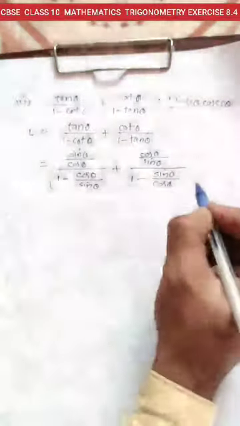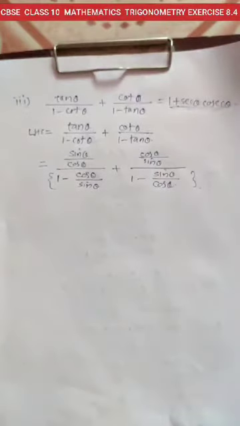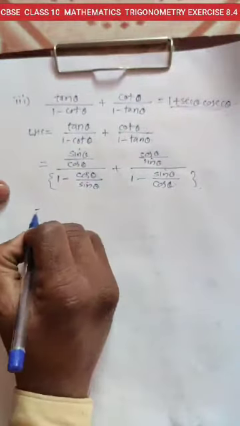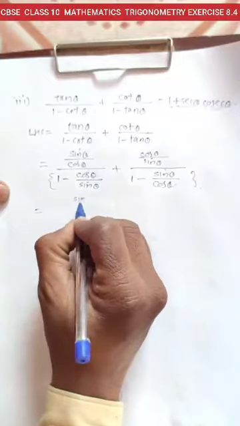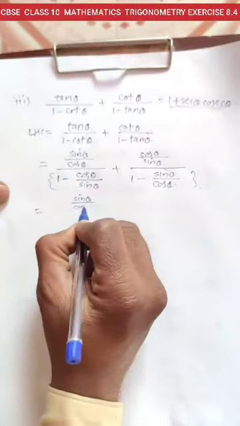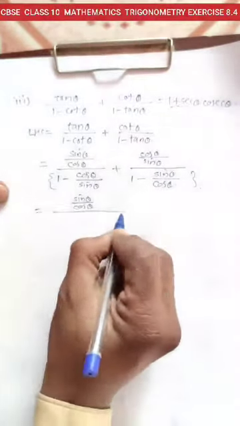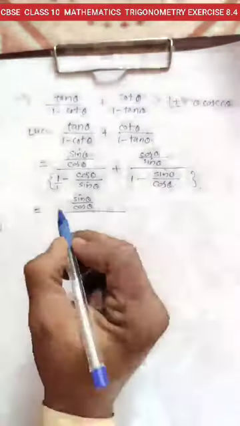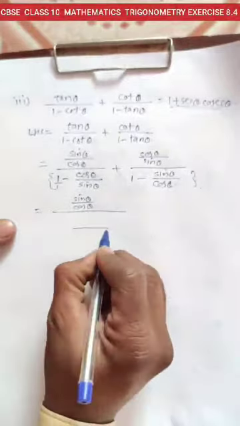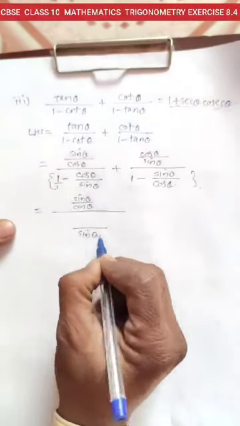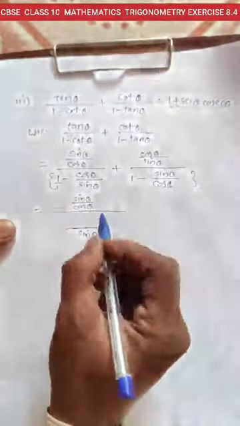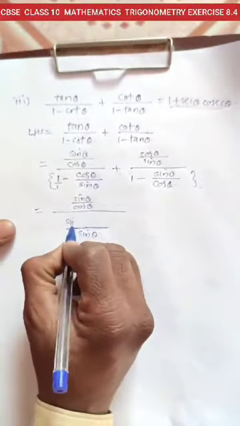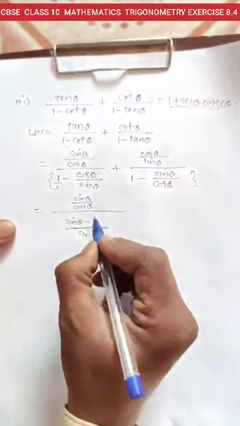So here now simply firstly solve the denominator part. So the numerator part is sin theta upon cos theta whole divided by, consider the one value as 1 upon 1. So here the LCM is 1 into sin theta, and what will be the part present in the numerator? Sin theta into 1 minus 1 into cos theta.